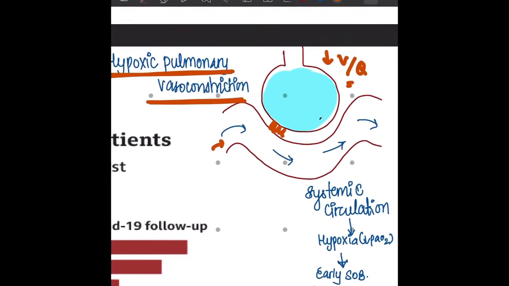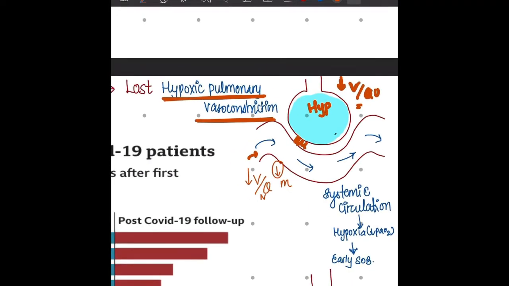So although there is hypoxia because of decreased ventilation in the alveoli, the perfusion does not decrease, it remains unchanged, and due to this the VQ ratio gets mismatched. So there is VQ mismatch. Why? Because ventilation decreases but perfusion still remains normal. So VQ ratio decreases, and this is called a VQ mismatch, which exacerbates the condition.